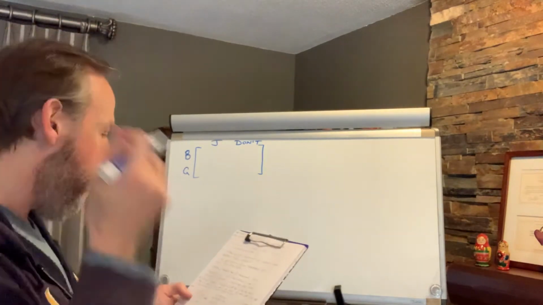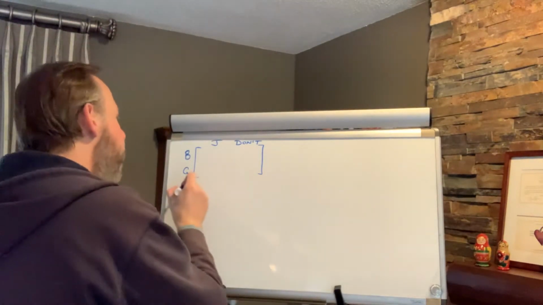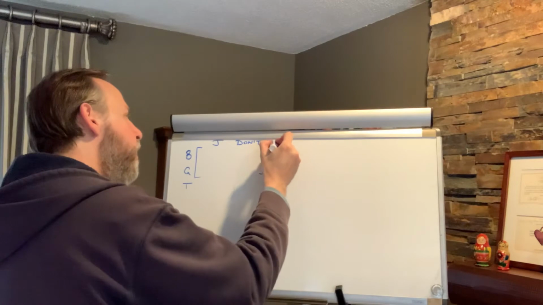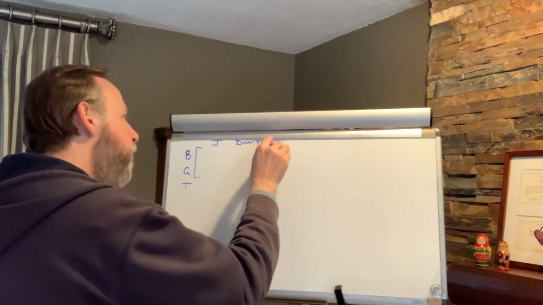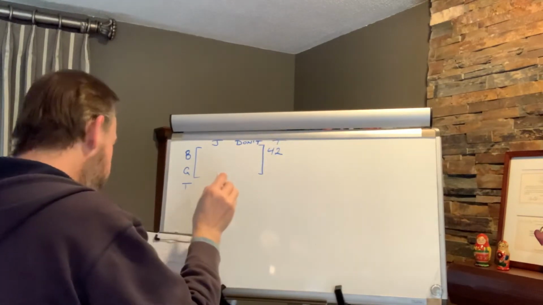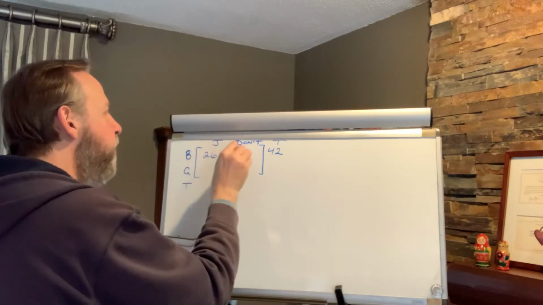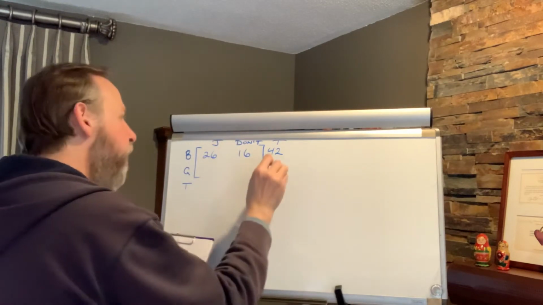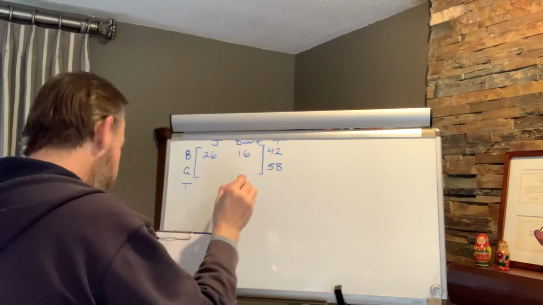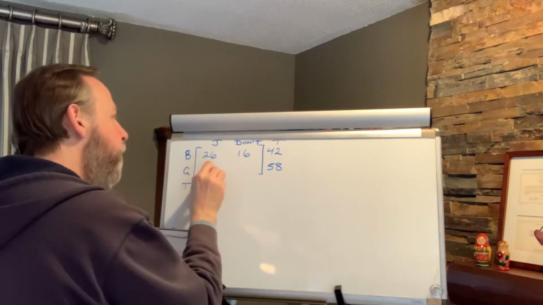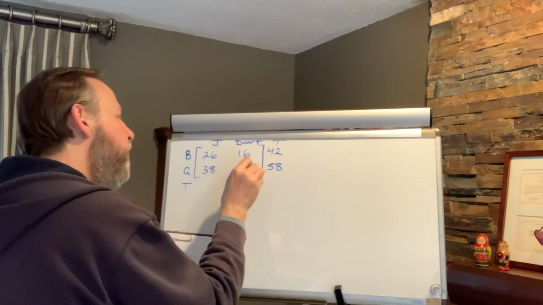I said that there were 42 boys. I also need a total row and total column. There were 42 boys. Of them, 26 wear jeans and 16 don't. I also said there were 58 girls. Of them, 38 wear jeans and 20 don't.